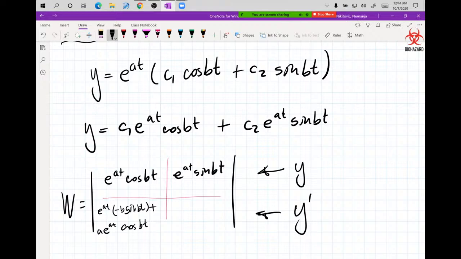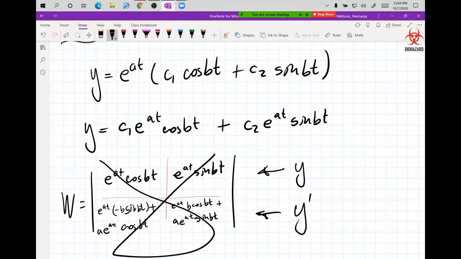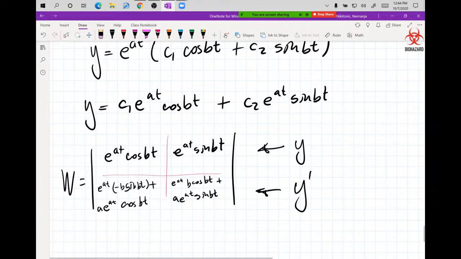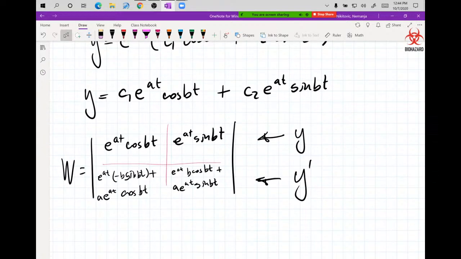Then you do the second one. Again, e to the at, derivative of the other one is going to be b cosine bt, plus copy the second one, which is sine bt, and the derivative of the first, a e to the at. There we go. It's all easy stuff, but it's very picky, annoying calculations, a lot of algebra, right?